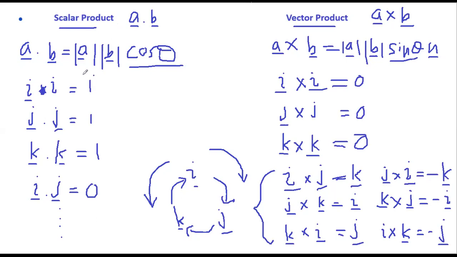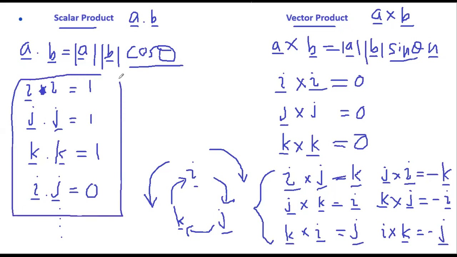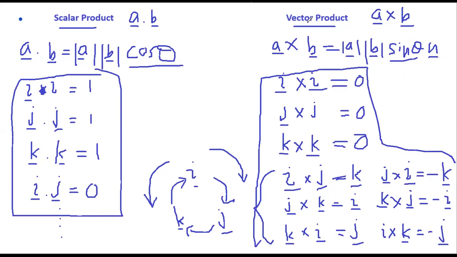Also, for the main unit vectors, we can simplify like this for the scalar product. Also, for unit vectors, we can simplify with this method for vector product.